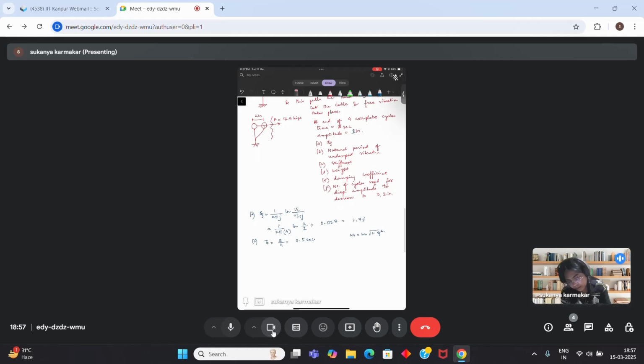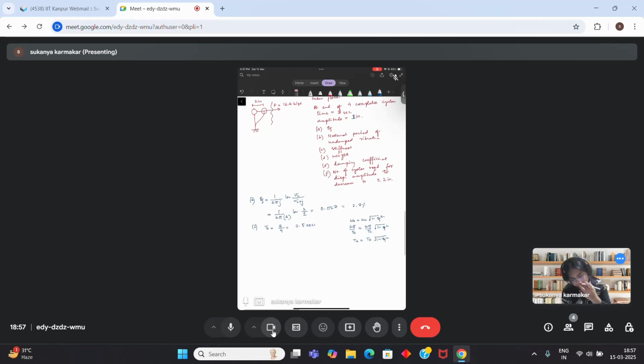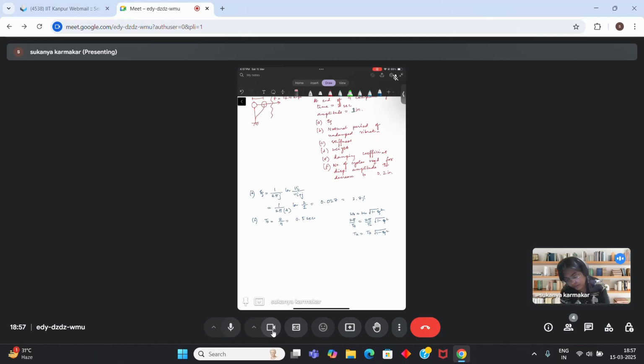So this can be written as 2 pi by Td equals 2 pi by Tn under root of 1 minus zeta square. So Tn is equal to Td under root of 1 minus zeta square. Can you plug in the value of zeta and calculate Tn? Yes.